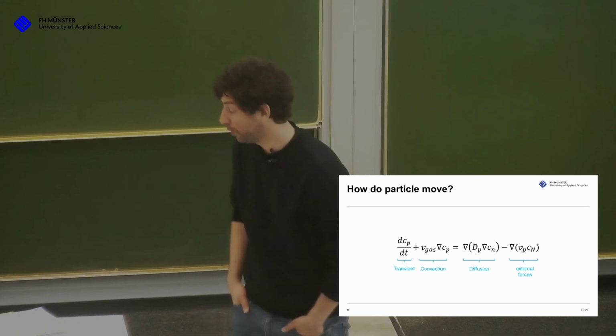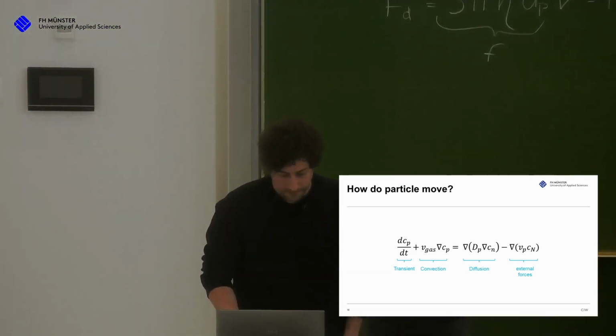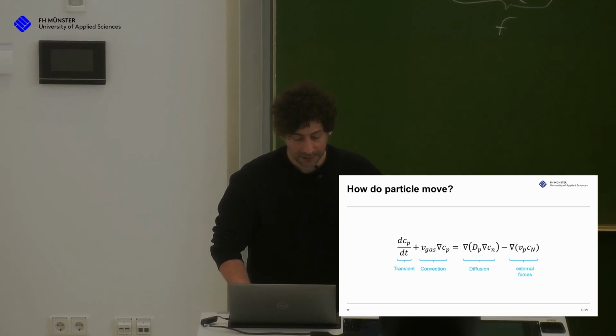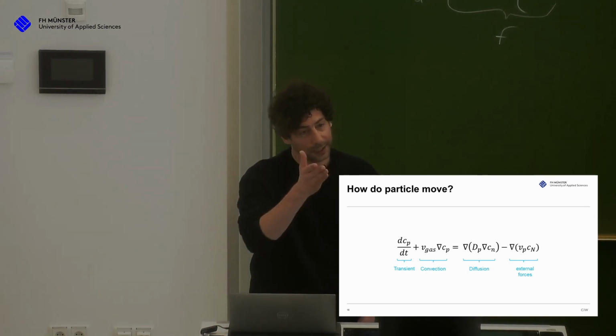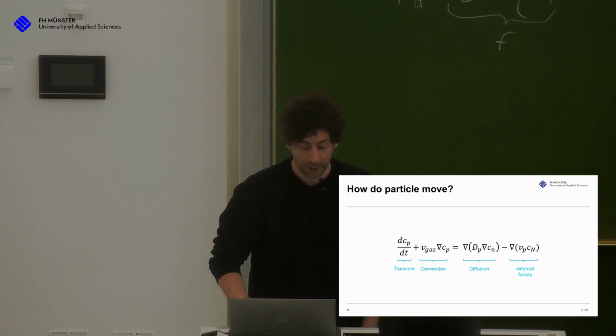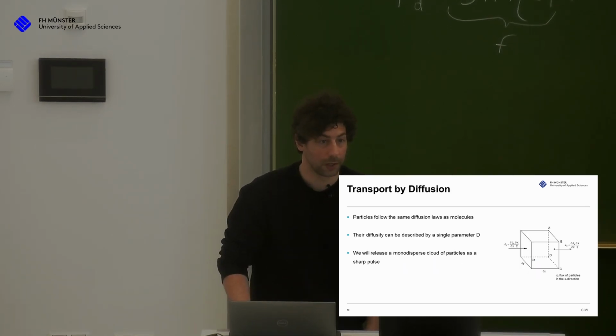Yeah. So if we look at the Navier-Stokes equation, we look at the system without convection and without external force, and then we get exactly what you have, a concentration gradient and diffusion. And this is how you learned what diffusion is, right?